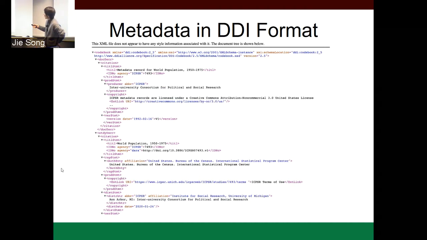Then it has the document description, including the title statement, the product statement, and the copyright information. Other than that, it has the study level description, as we have seen on the previous page: the title of the data, world population, and some other related information. It's pretty clear. It provides the user a brief view of what the data is about and whether it can be used for your research purpose later.